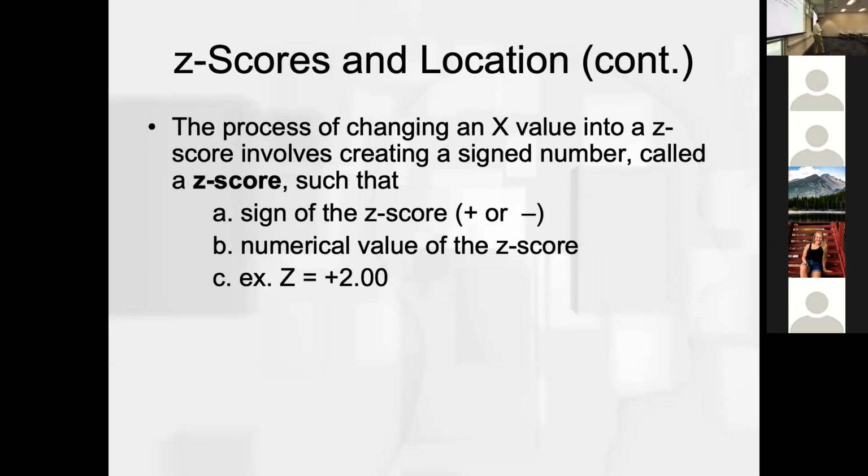And the Z-score will have that positive or negative. It will also have a numerical value. So closer to 0 means it's closer to the mean. The higher the number, either higher positive or more extreme in the negative, means it's further away from the mean.